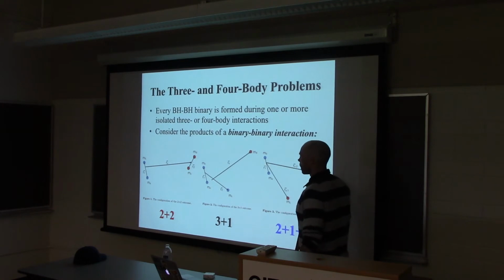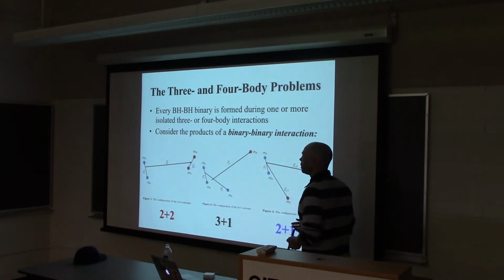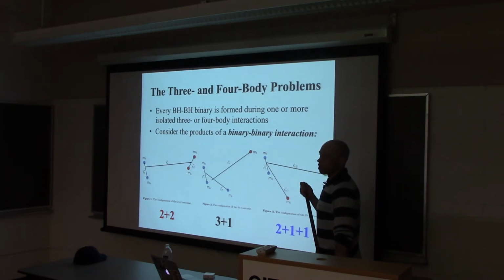So you can get things like the distribution of binary orbital energies for the leftover binary in these three-body interactions. You can also get the ejection velocities for the single star. And you can get probabilities for which particle will actually be the one to be ejected.